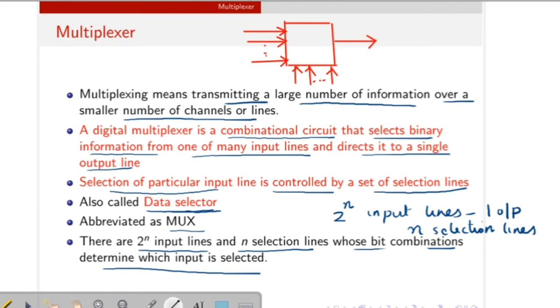Okay, we can mark the inputs and output. So here there are 1, 2, etc., 2 raised to n inputs. Then selection lines are 1, 2, etc., n selection lines, and Y is the output. 2 raised to n is represented by m. So this is actually an m by 1 mux. So this is the general block diagram for the multiplexer, right?